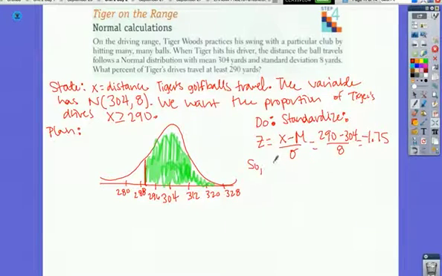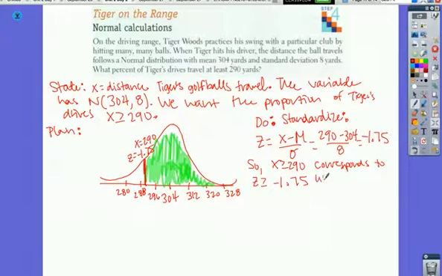That means that when x is greater than or equal to 290, that corresponds to when z is greater than or equal to negative 1.75. So what we found is that x is equal to 290 and z is equal to negative 1.75, and this is all under the normal curve.